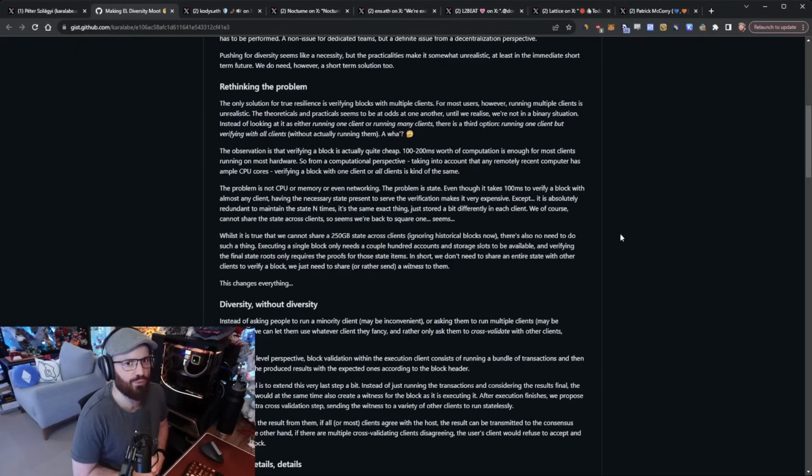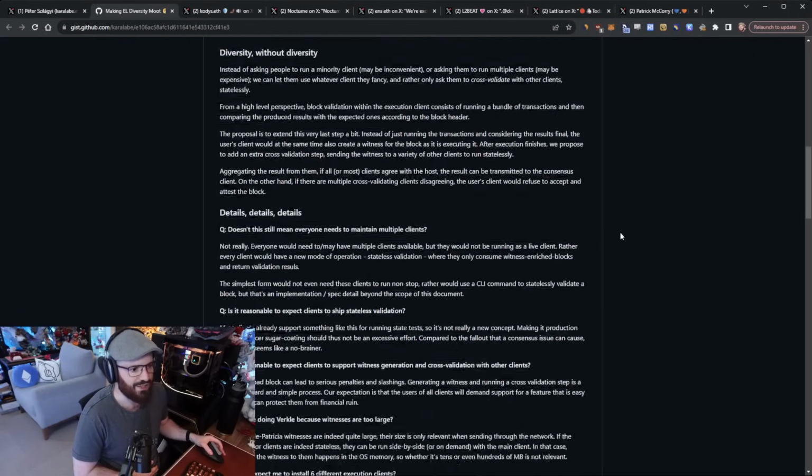If you're running Geth, you would be able to verify, through some means built into the clients, what the other clients are seeing when it comes to the blocks being proposed, and verify that it's the same as what you're seeing. And you're doing it in a stateless way, which means you don't need to be running multiple clients yourself in order to verify these things. At least that's my understanding there.